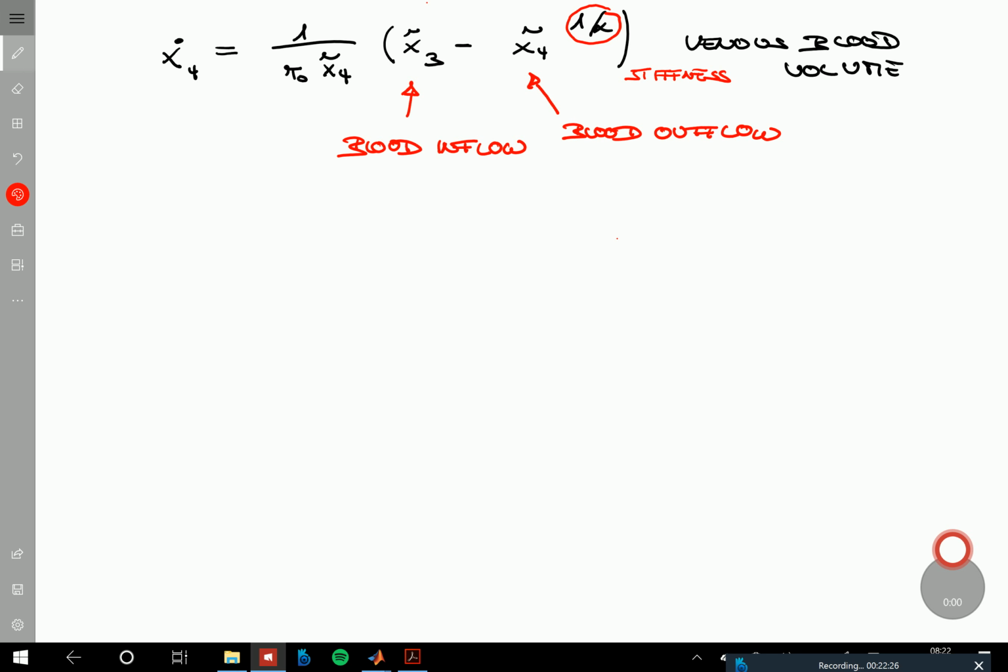So blood inflow, blood outflow, in terms of the venous blood volume decreasing. Again, it's inhibited also by itself in terms of this factor, and tau 0 also has a meaning.